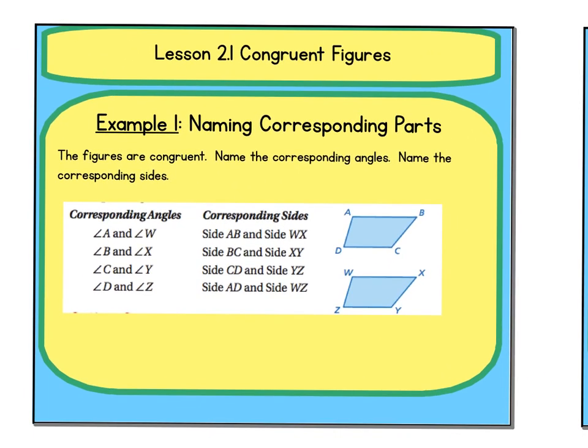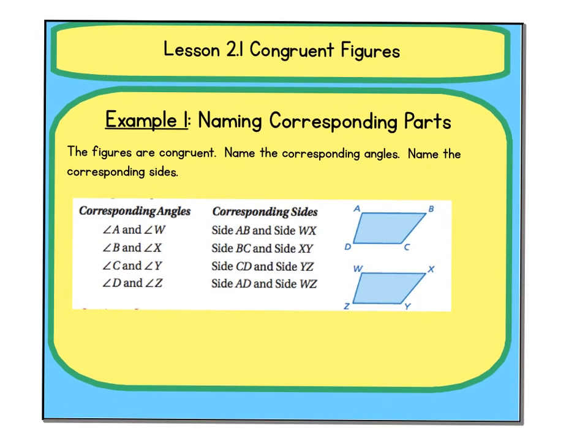So I just showed you how to name the corresponding parts. Now I'm going to show you also how they show it on a picture. If I went to angle A and drew in a line like this, and since over here it says it corresponds to angle W, then I would draw in that exact same mark on angle W. Then on B and X, I would put 2 lines each.